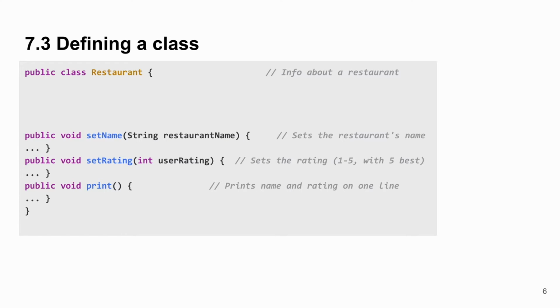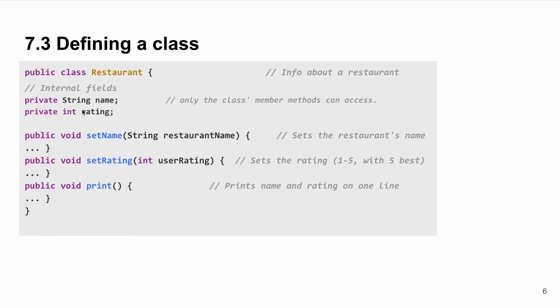Public void setName is a member method. String restaurantName is an input of this method. Similarly, public void setRating has an integer input which is named userRating. The other method is called print, and its return type is void, which basically means it doesn't return anything. These functions are typically used to print names or print variables from within the class.